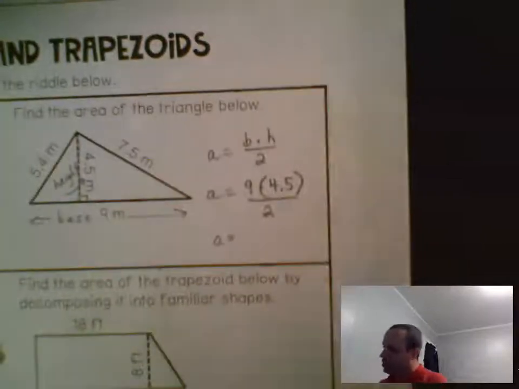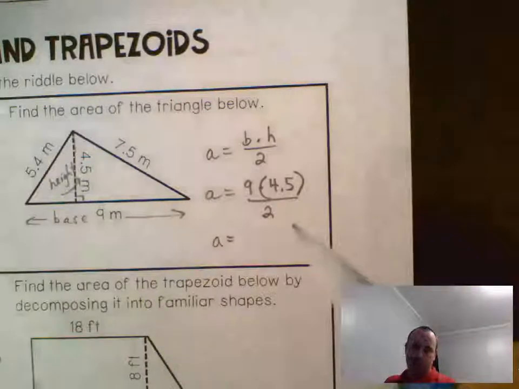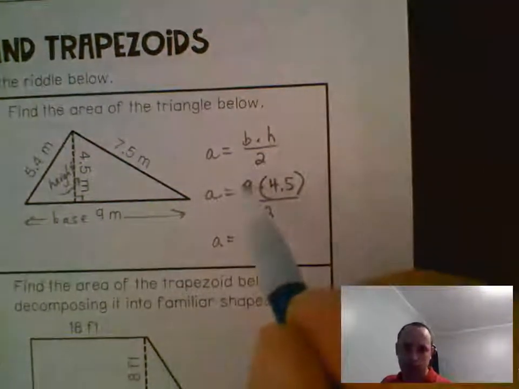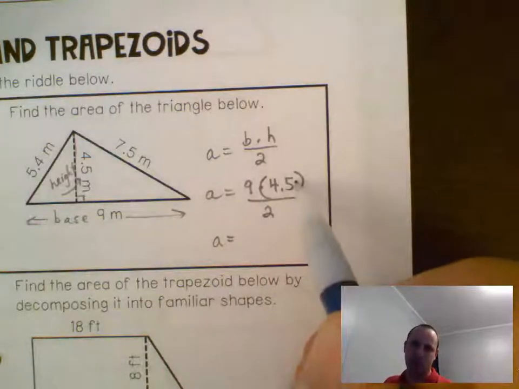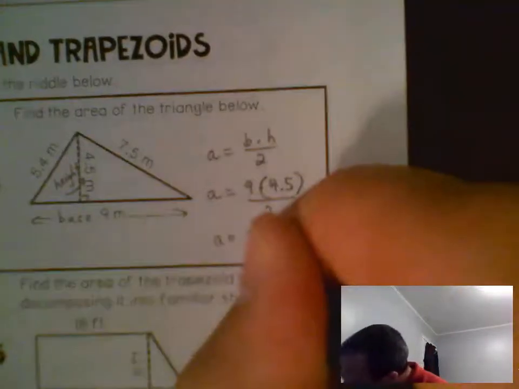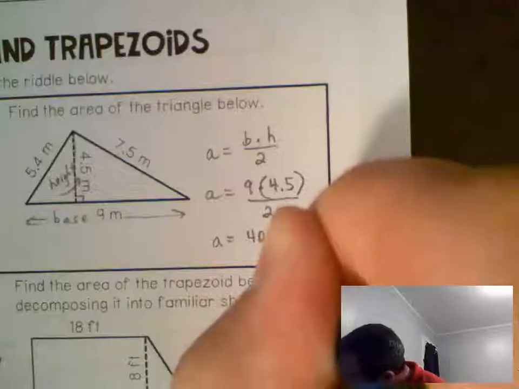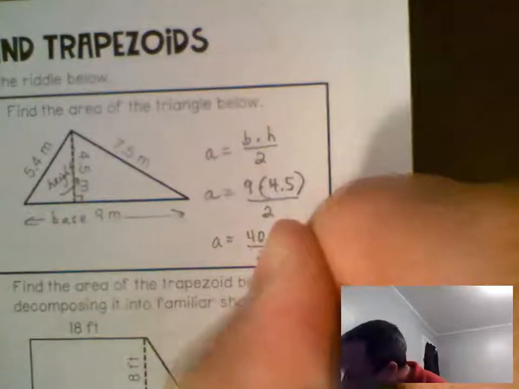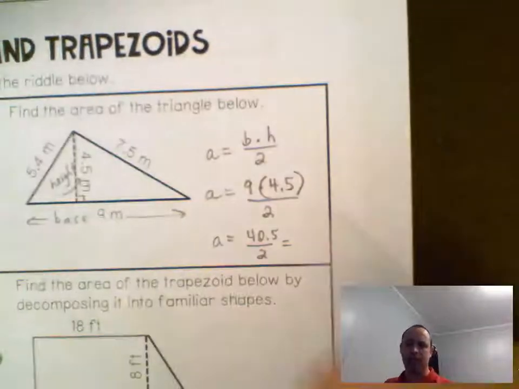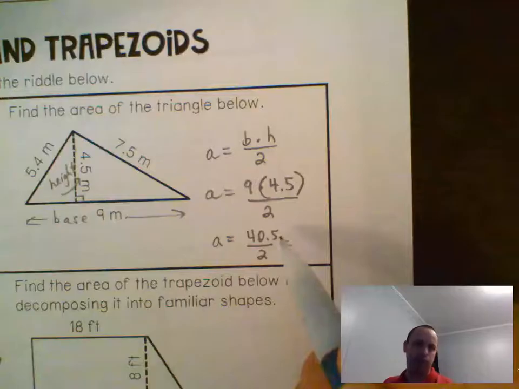All right, so coming back over to this one, we have 9 times 4.5. Well, I know that 9 times 4 is 36. And then 9 times a half would be 4.5. So 4.5 plus 36 would be 40.5 over 2. Okay. Then I know that half of 40 is 20, and half of 0.5 or 0.50, I think of it as like 0.50, 50 cents, would be 0.25.